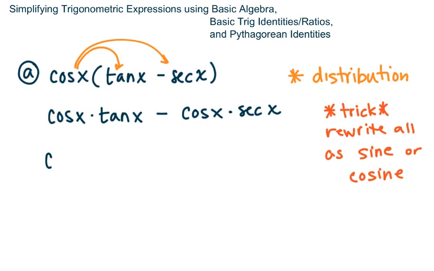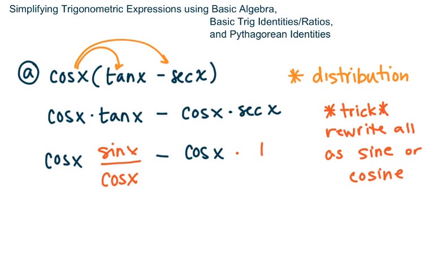So I have cosine x. Now, tangent x, tangent is equal to sine over cosine. So I'm going to write sine x over cosine x minus cosine x. And secant is 1 over cosine.